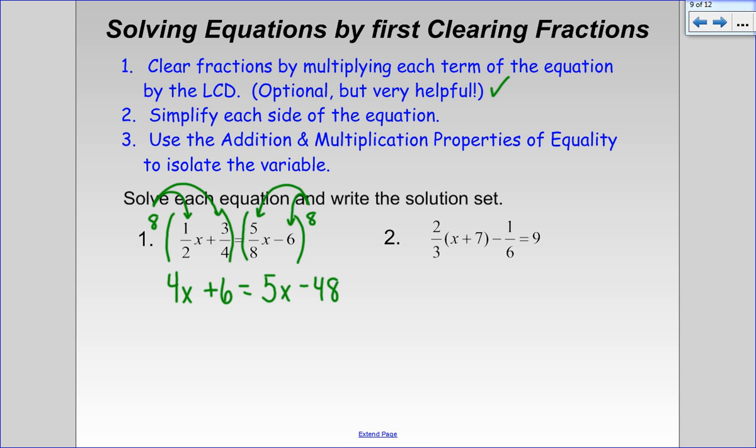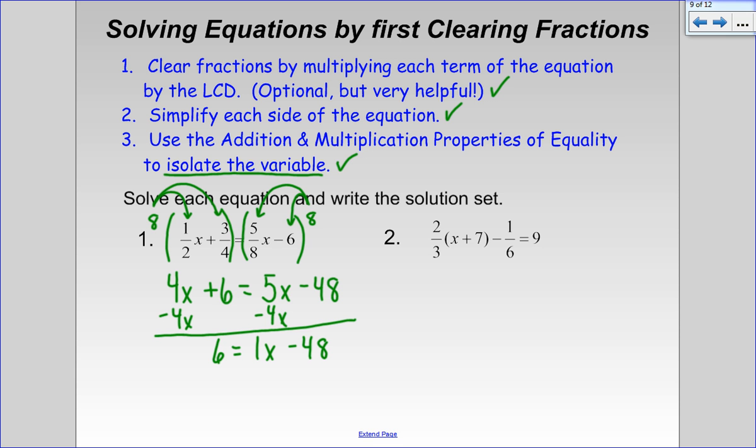Now, I can just solve this equation like I would do any other multi-step equation. Simplify each side of the equation, and then try and isolate my variable. So let's do those steps now. I'll begin by combining my 4x and my 5x by subtracting 4x from the left side and 4x from the right side to get 6 equals 1x minus 48.